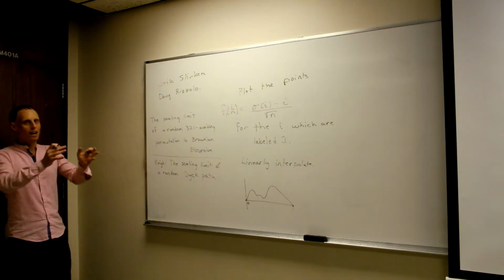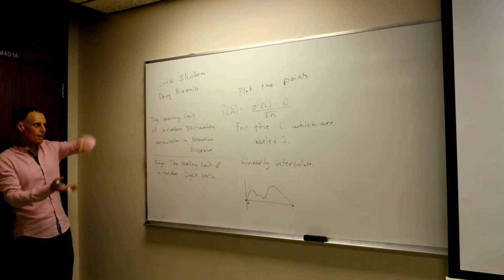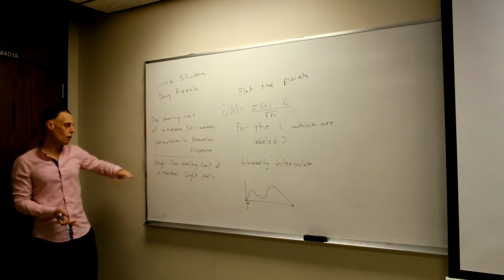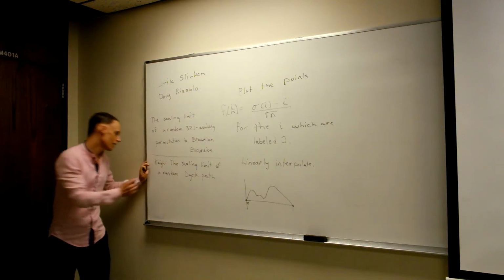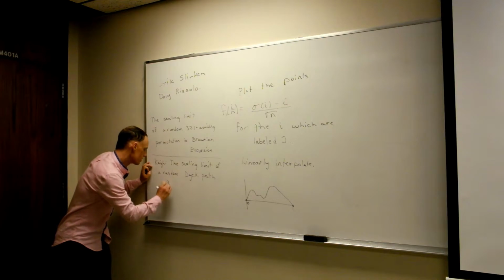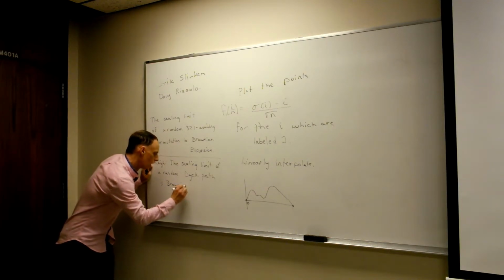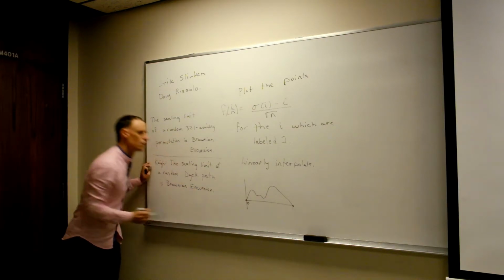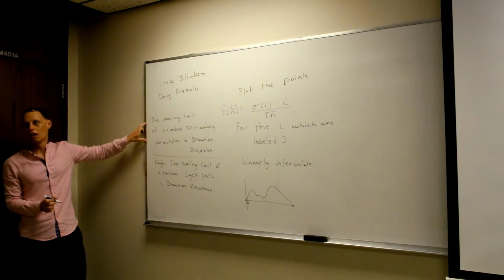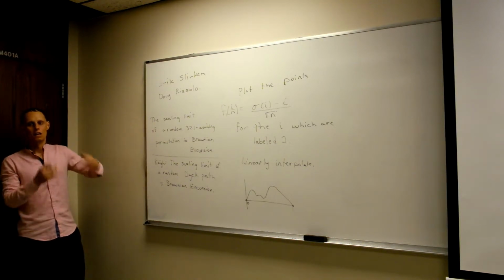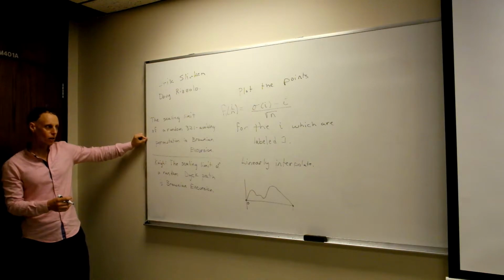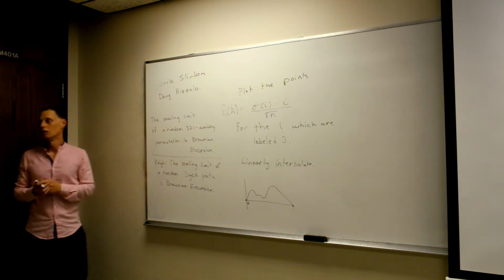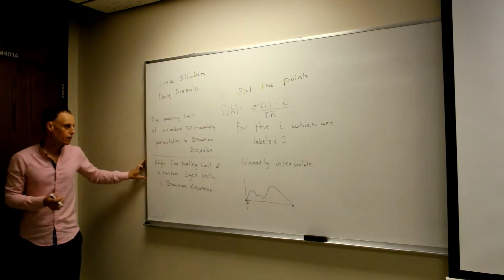I scale the x-axis by n, and I scale the y-axis by 1 over square root n. The scaling limit of a Dyck path is Brownian excursion. So what does this look like? This looks like a random walk which is conditioned to be 0 at the origin, 0 at the endpoint, and never negative in between.